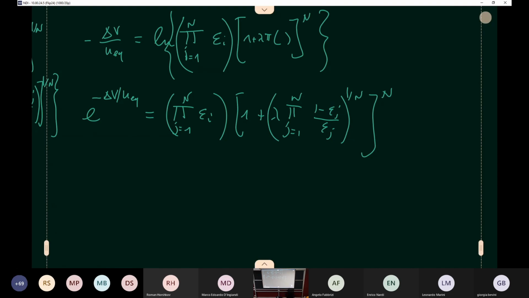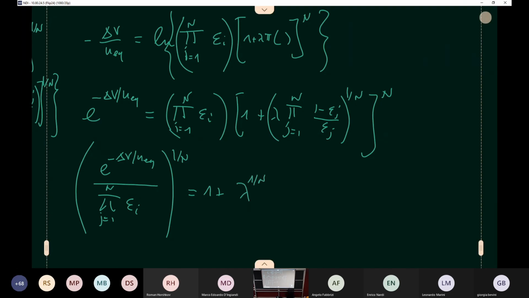So now we can separate things, and here in particular this will be divided and brought to the power 1 over n, epsilon I, which is okay, 1 over n, and this is equal to 1 plus lambda to the 1 over n, and the product, let's put now as I, also to the power 1 over n.